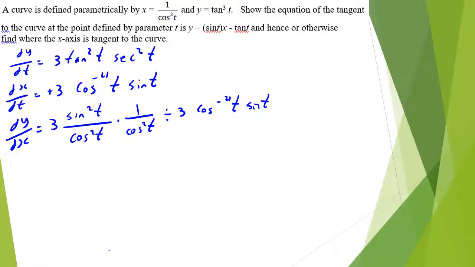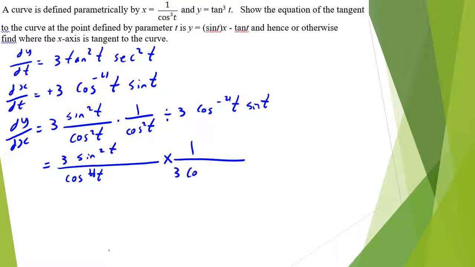Now if you try to simplify, I will have 3 sine square t over cosine square t, and it will be divided by that, so I will change the division into multiplication, and that will give me cosine to the power of 4 times 1 over 3 cosine to the power of negative 4 t sine t.